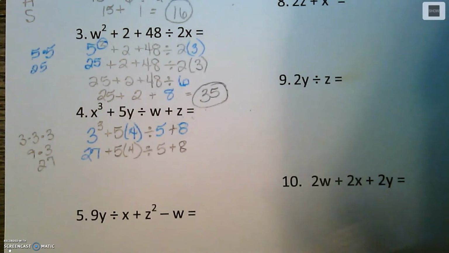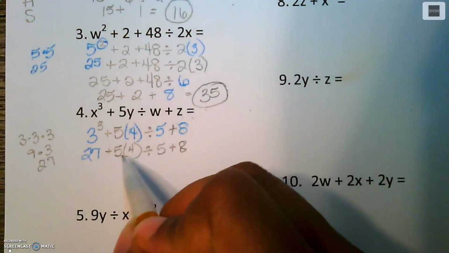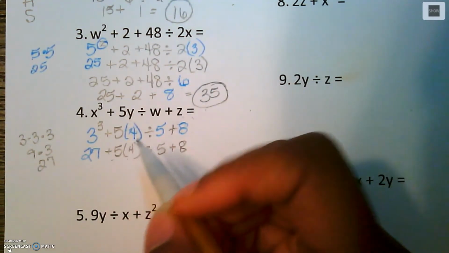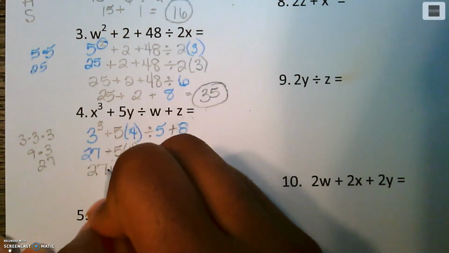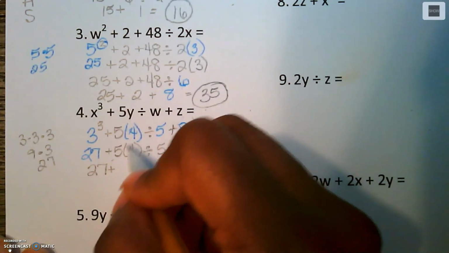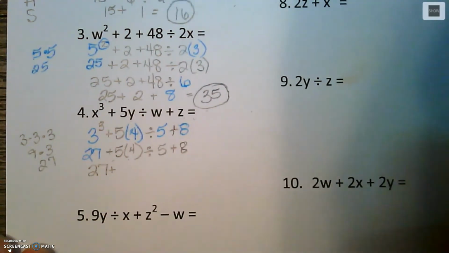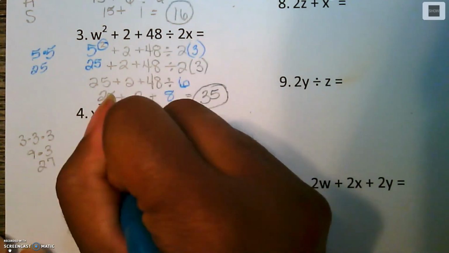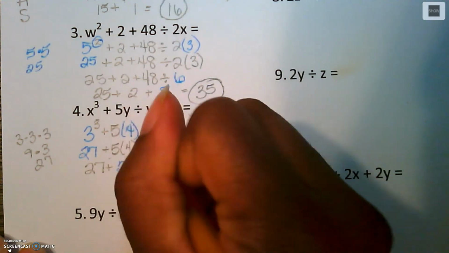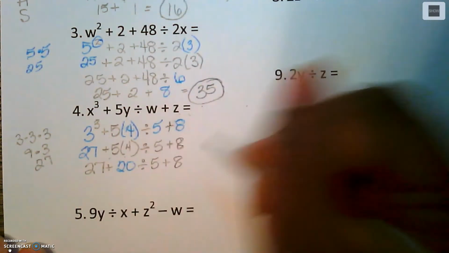Alright, so next here, according to my order of operations, I do 5 times 4. So I'm just going to rewrite 27 plus 5 times 4. 5 times 4 is 20. Divide that by 5 plus 8.